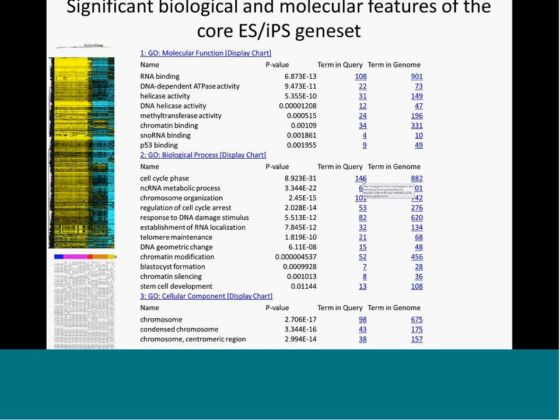There's 146 of the genes in the query that had a cell cycle phase association, as compared to there being 882 genes in the entire genome that have cell cycle phase as one of their annotations. And then here's a value for that representation.